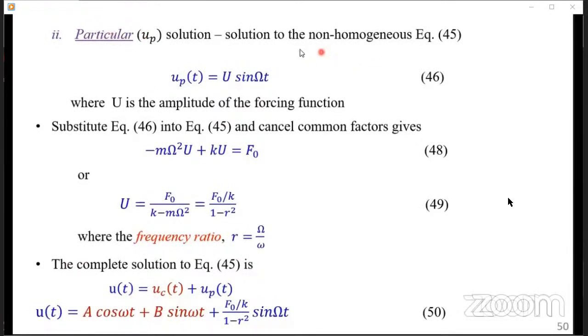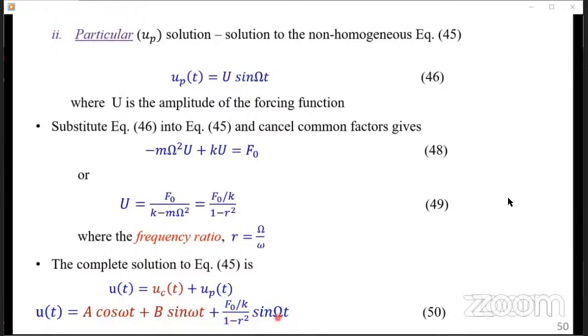That is the wording that we had, that we have two parts, complementary and particular solution. The complementary, the one I have highlighted in red, has the small letter omega, and then the particular solution has the frequency of the forcing function.